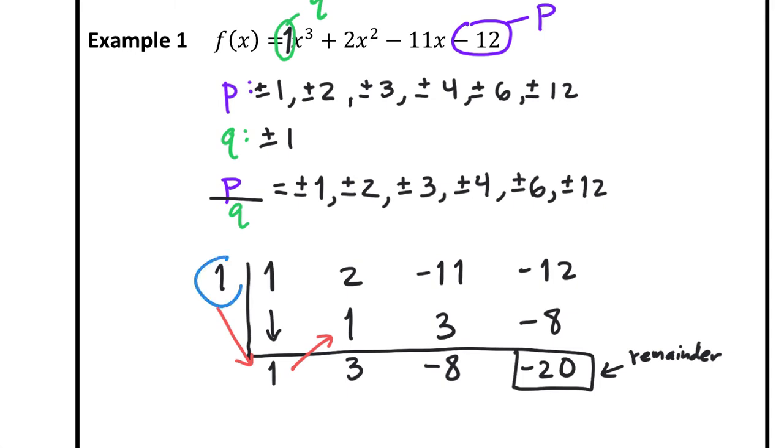So again, I tested this value, and what I was testing for is I wanted to see if I got a remainder of 0. So I tested positive 1 to see if when I did synthetic division with that value, did I get a remainder of 0?